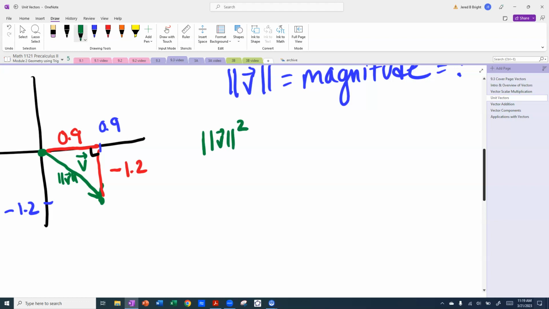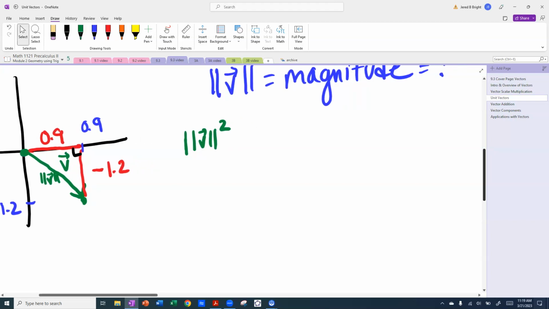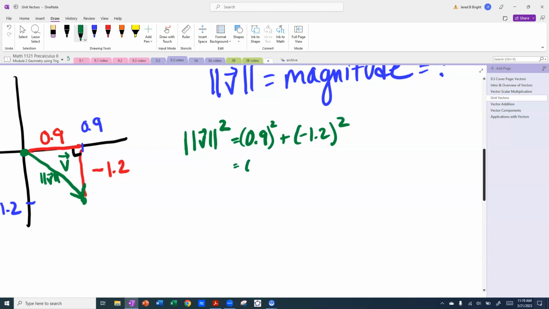So we would say the magnitude of v squared, or the length of the hypotenuse squared, would be equal to 0.9 squared plus, in parentheses, negative 1.2 quantity squared. Then I can do the calculation: this should be 0.81, and this should be plus 1.44.